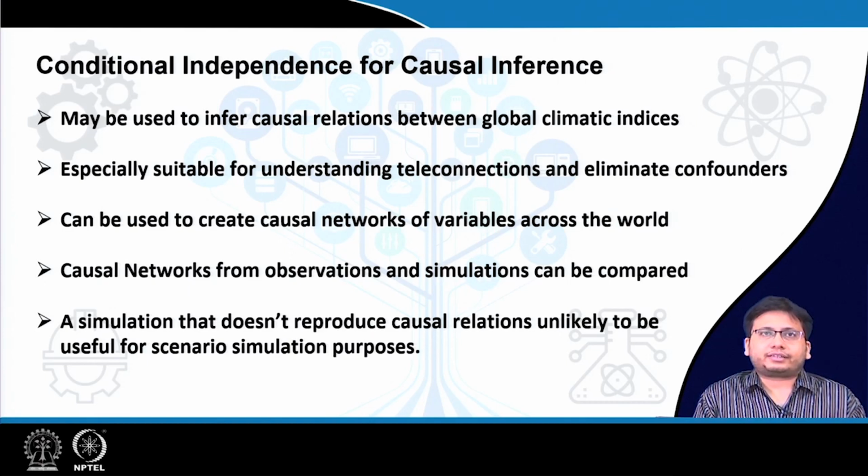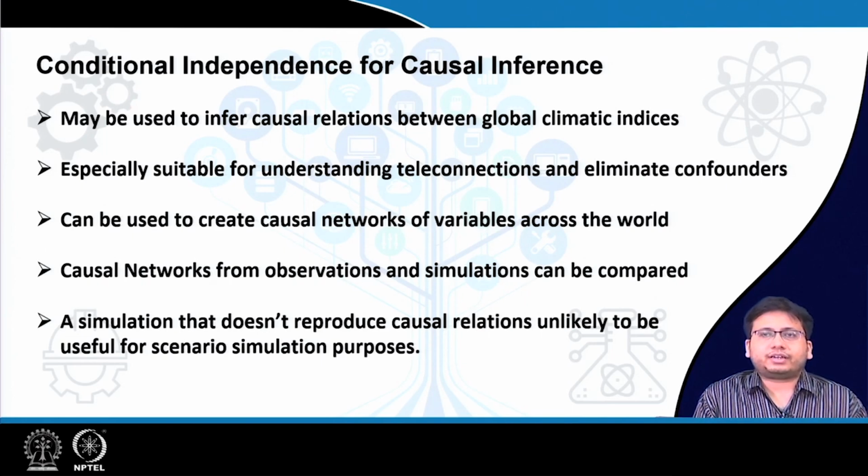And this kind of approach can also be used to create causal networks of variables across the world, and these causal networks can be constructed not only based on observations, but also on simulations, and then it is possible to compare the different causal networks also. The need for such comparison is that a simulation that does not reproduce the causal relations is unlikely to be very useful for the purpose of simulating different future scenarios.